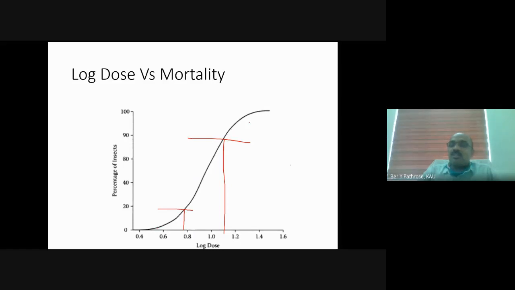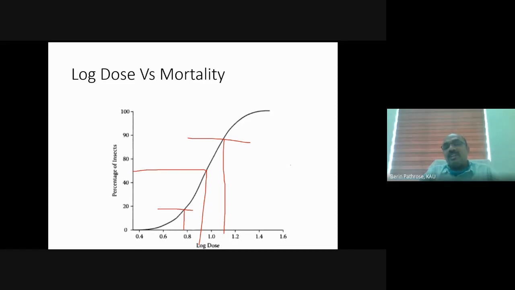But once it crosses 90, again it slows down. So the response is maximum between 20 and 80. And here comes the 50% mortality, the area where the response is maximum.